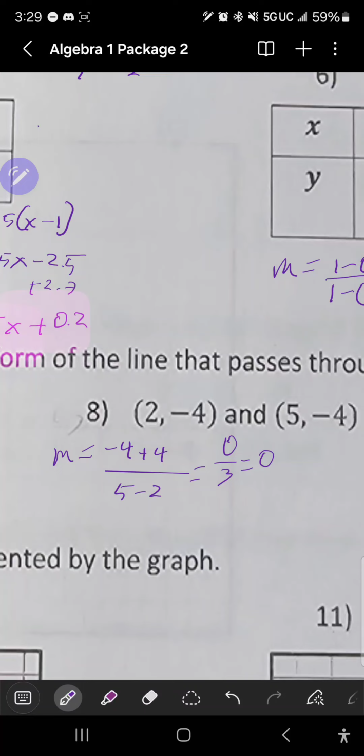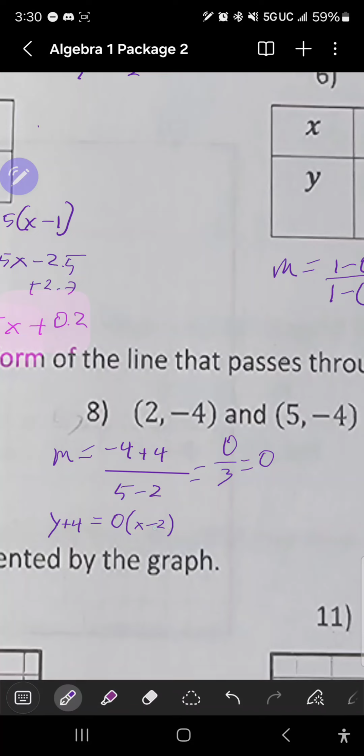So we can use the same formula. We're going to get y minus negative 4, which is just positive, y plus 4, equals 0 times x minus 2.